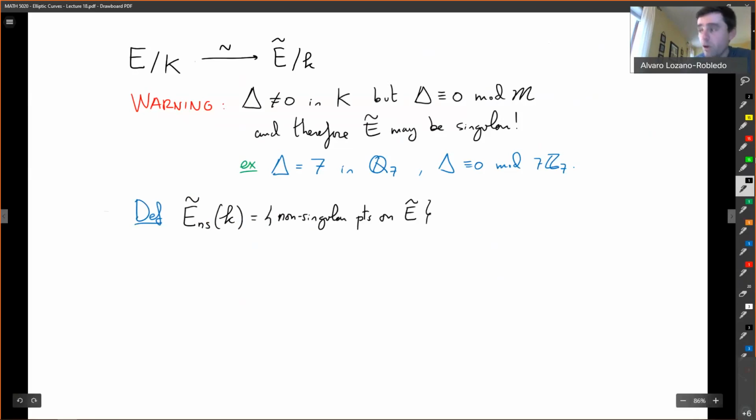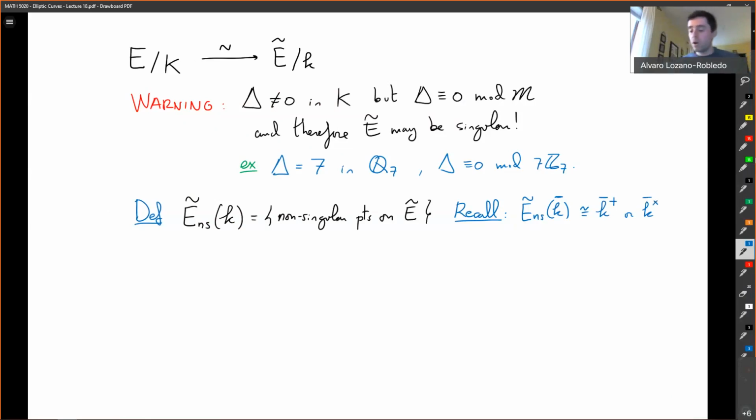And recall that we've seen that the non-singular points of an elliptic curve form a group, and that they're either isomorphic over K bar to this or that, which is the non-zero elements of K bar.